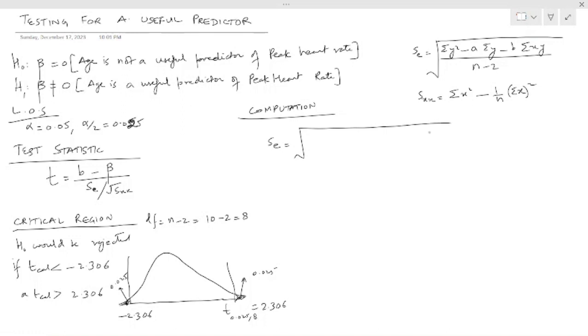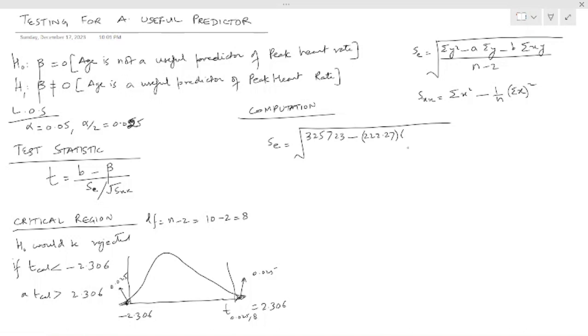As I entered the data in the calculator, we can take the answers for the sums from the calculator. Summation y squared is 325723, minus the value of a, which we have computed as 222.27, times summation y.